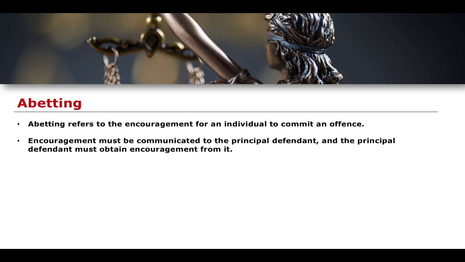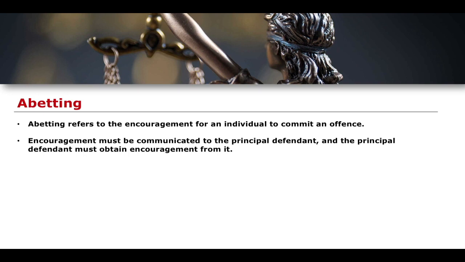Now, there are two elements required here for aiding and abetting, or for abetting specifically, should I say. There is the idea that encouragement must be communicated to the principal defendant. You can't say that this person was encouraging the other person if there was no communication between the two, if there was nothing in terms of a link between the secondary and the primary defendant.